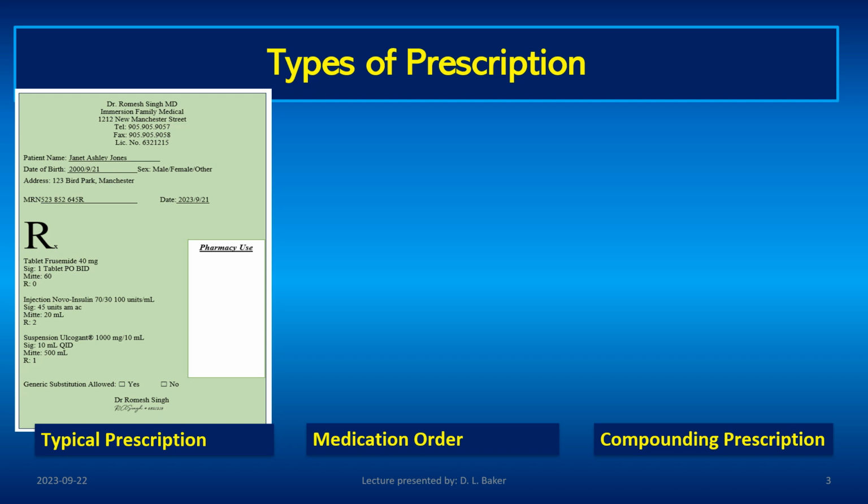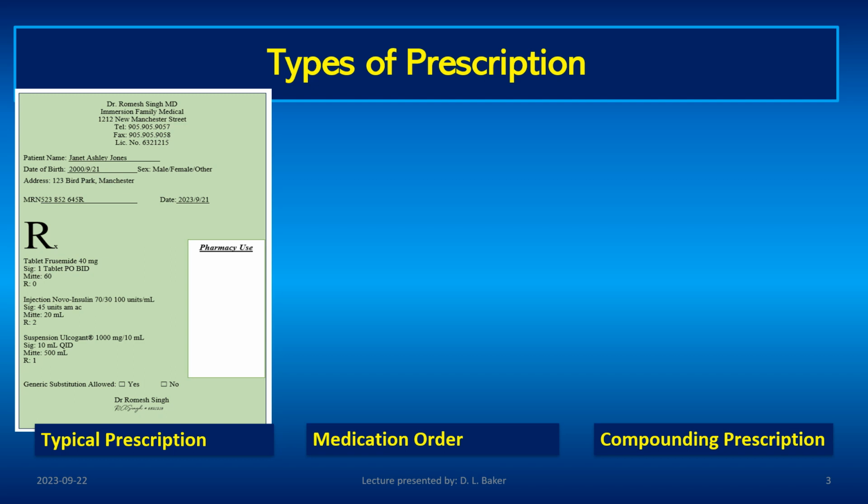In terms of the prescription, it is a written or electronic document provided by a licensed healthcare provider, such as a doctor or a nurse practitioner or a veterinary surgeon or a dentist. Now, this authorizes a patient to obtain a specific medication from a pharmacy or dispensing facility for treatment.